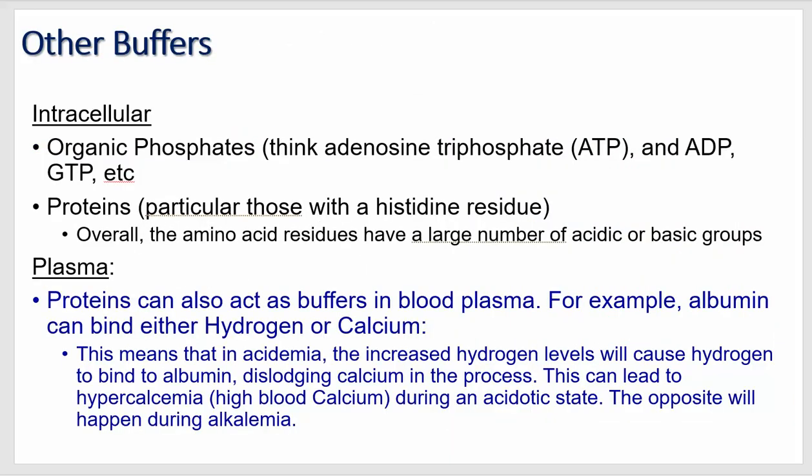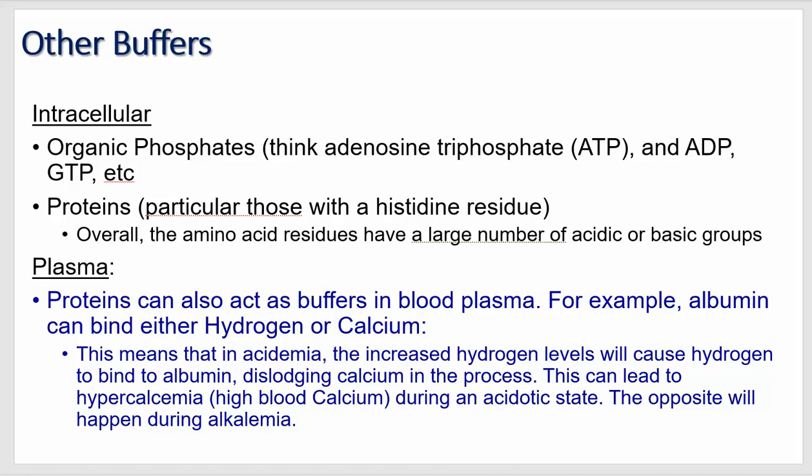All right, so other buffers, organic phosphates, so think adenosine triphosphate, ATP, ADP, GTP, guanosine triphosphate. Those also can function as buffers. Proteins inside cells, particularly those with a histidine residue, or so I've seen. So overall, the amino acid residues, or those little side parts, have a large number of acidic or basic groups.